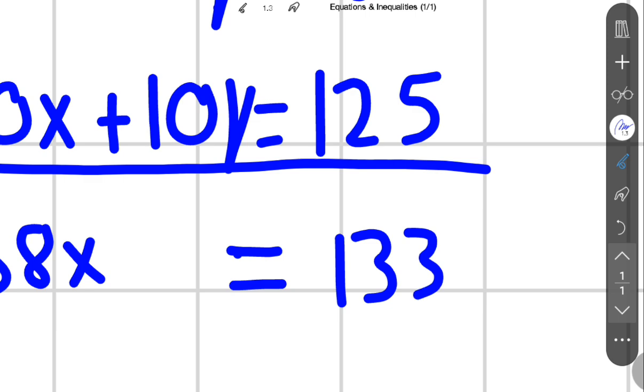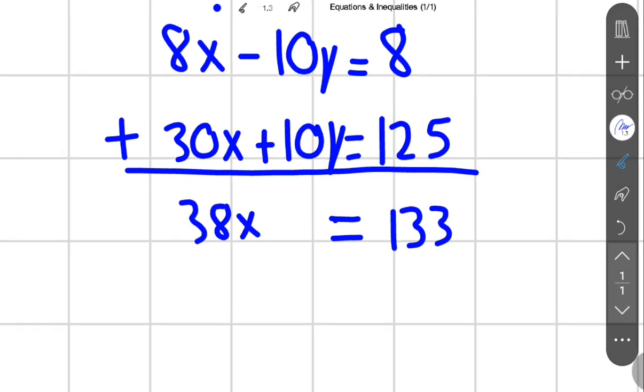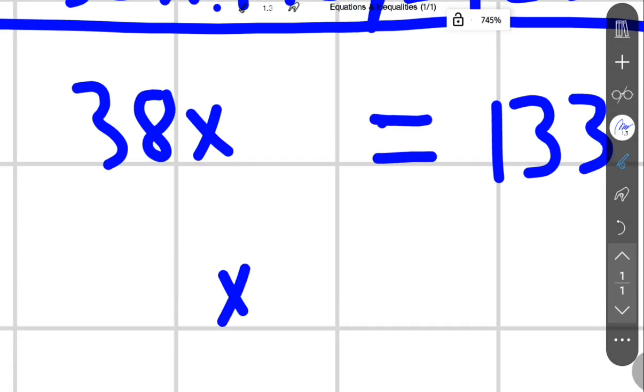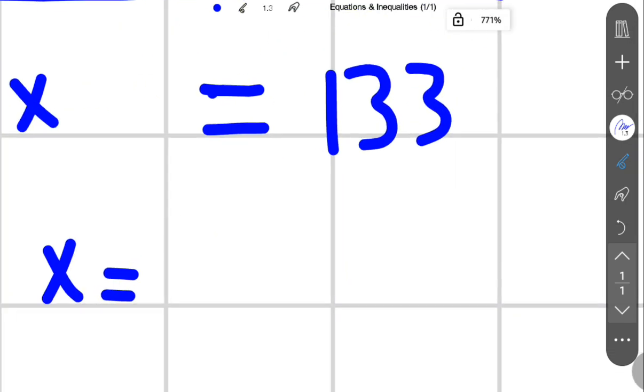Let me just open the calculator quickly. So now we can just divide the two sides by 38 to get the value of x. So x equals 133 divided by 38. If we pull that up in the calculator, that's basically 3.5. We have x equals 3.5.